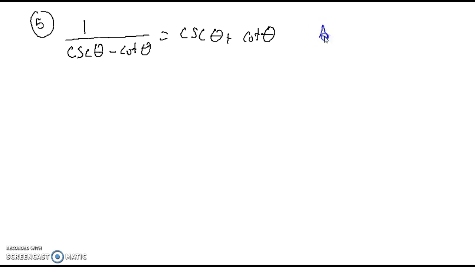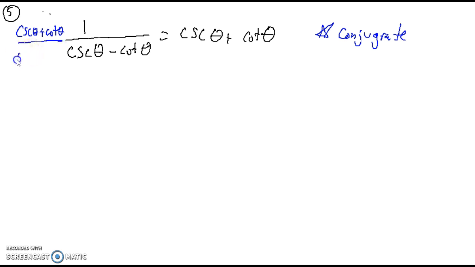So one of the things that we can do is multiply by the conjugate. So don't forget your lovely friend the conjugate. So that just means I'm going to multiply the top and bottom by the same binomial except making that positive. So I'm going to go ahead and just quickly erase number 5 for a moment. Put 5 up in the corner. So that means I'm going to multiply top and bottom by this.